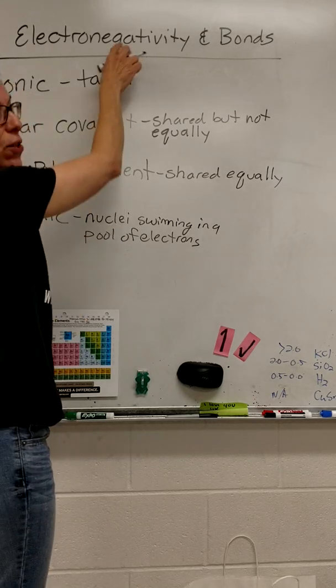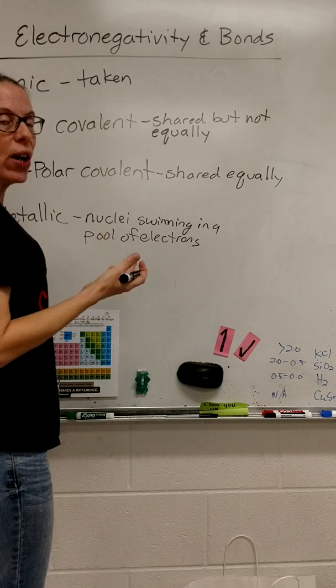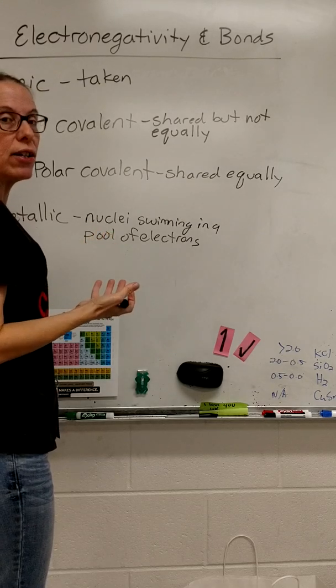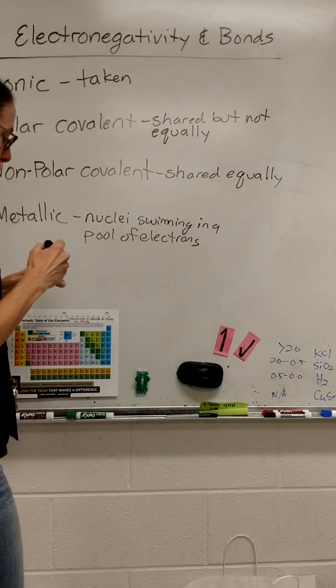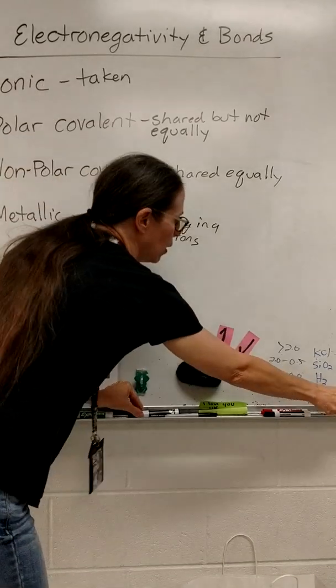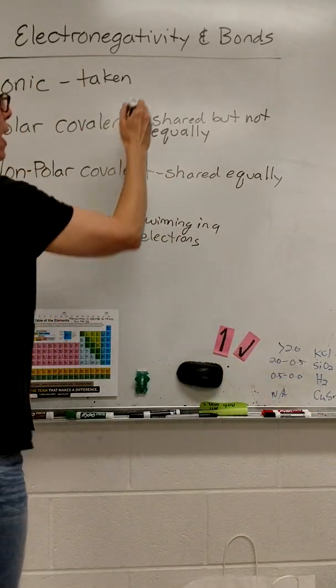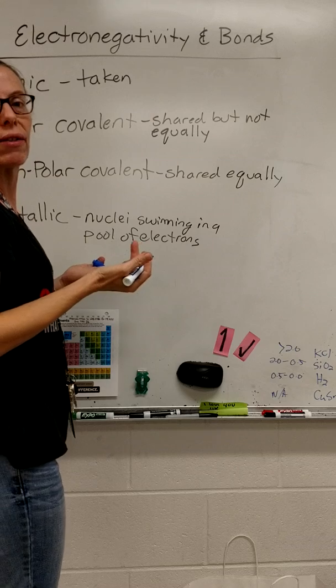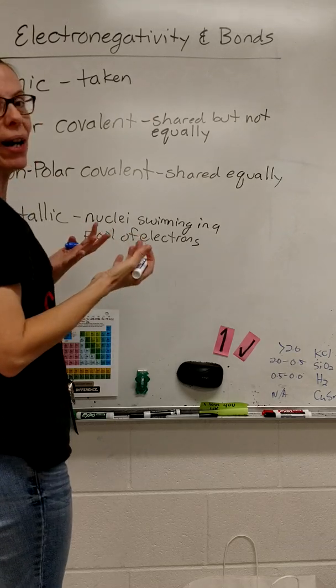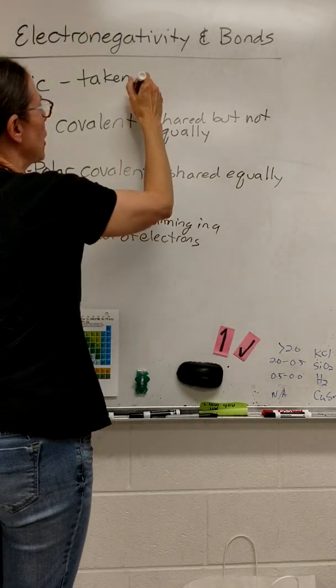All right, so let's use electronegativity to try to figure out or predict which kinds of bonds different molecules are going to form. So the first one that I'm going to look at is bronze. It's a very important compound or mixture historically.